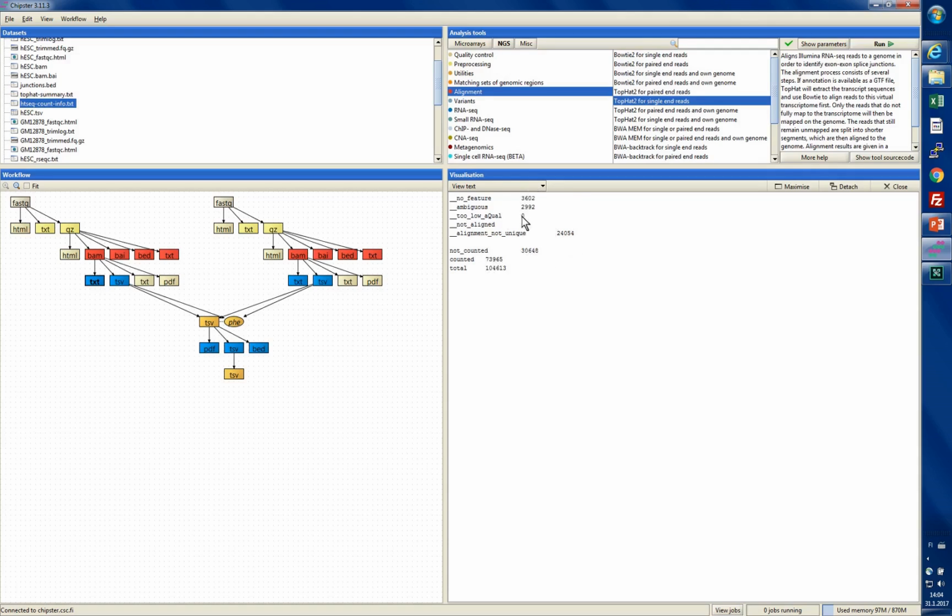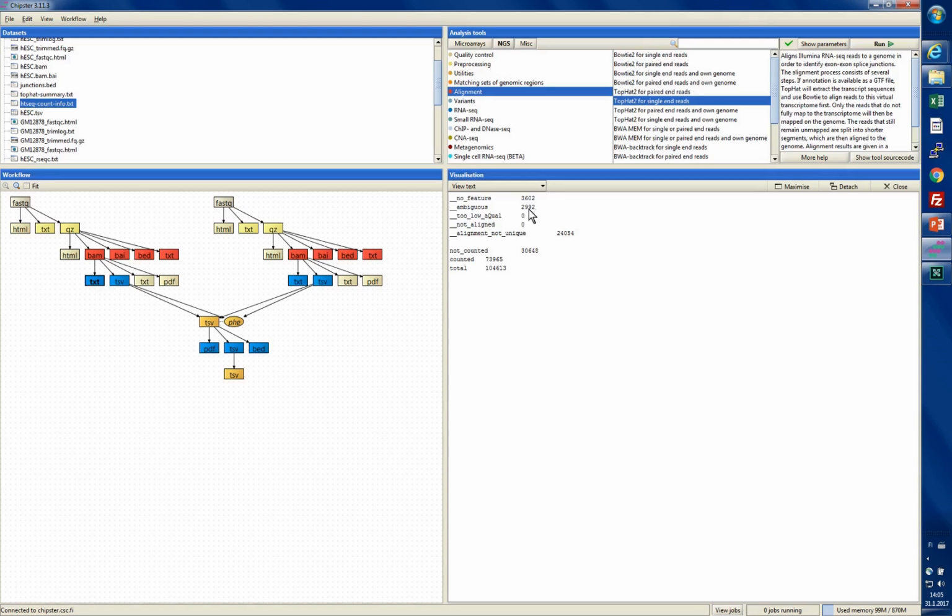And up here you can see explanations for why they were not counted. So this is a summary of some of these rows up here. For example, 24,000 were not aligned uniquely, and roughly 3,000 were ambiguously aligned, meaning that there were two genes on different strands at that position.